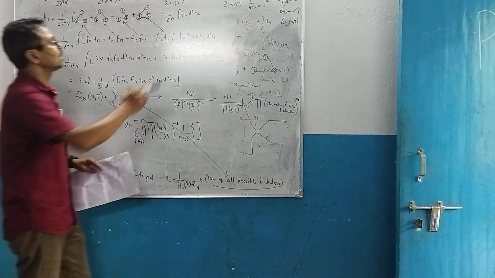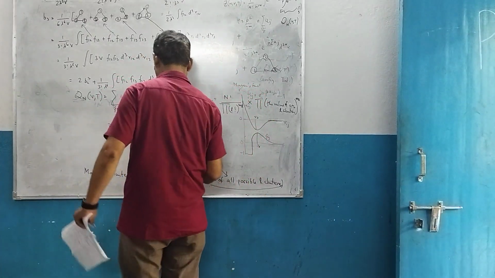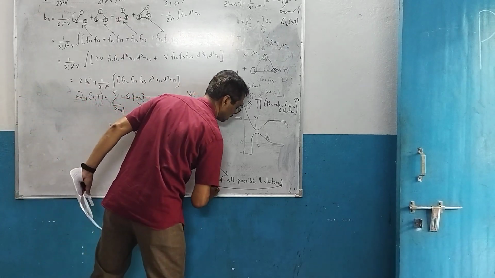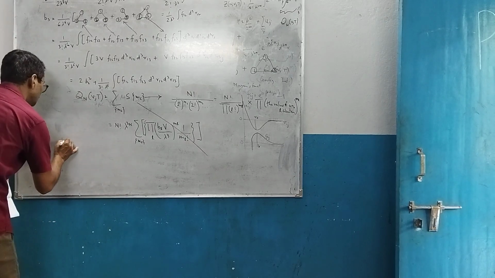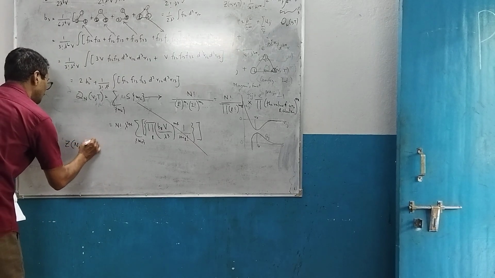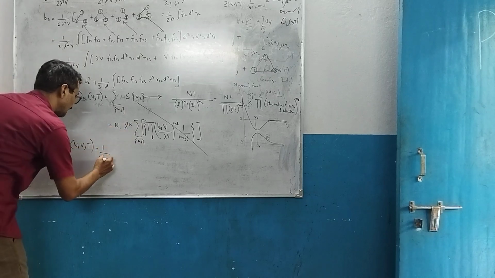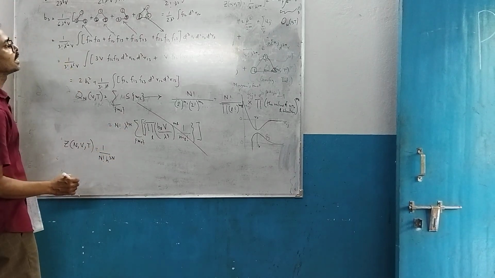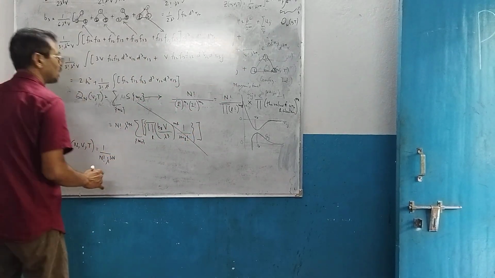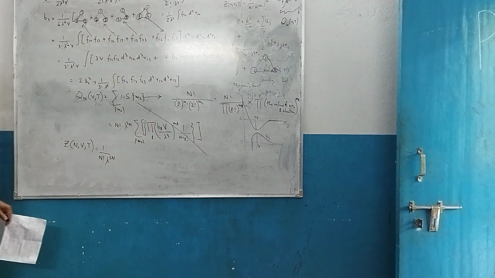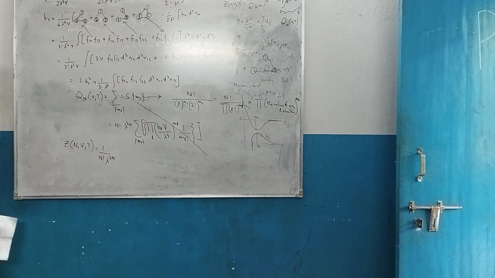So if we return back to the canonical partition function, now I can write this again, the canonical partition function Z N V T. The first part was 1 by n factorial h to the power 3n and lambda to the power 3n, because after integrating the momentum part, it gives us root over twice pi m k T, whole to the power 3n.